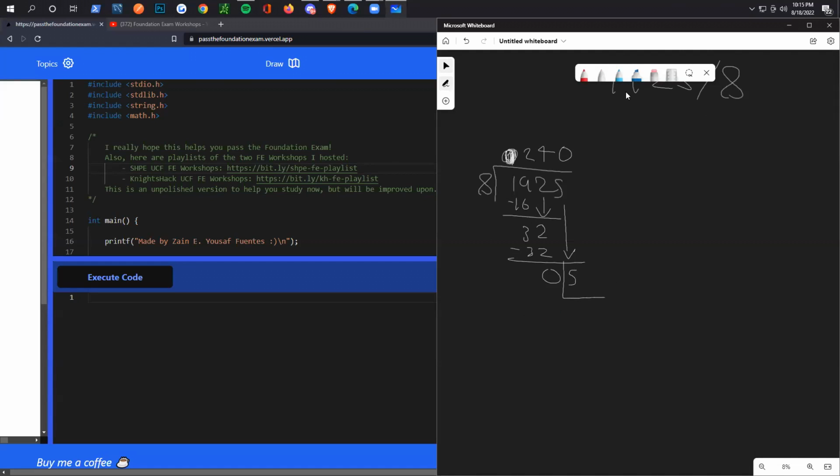So now we're going to take this value and keep dividing it by 8 until eventually we get to 0. So 240 divided by 8. Let's just do it quickly. It doesn't go into 2. So now 24 goes in 3 times.